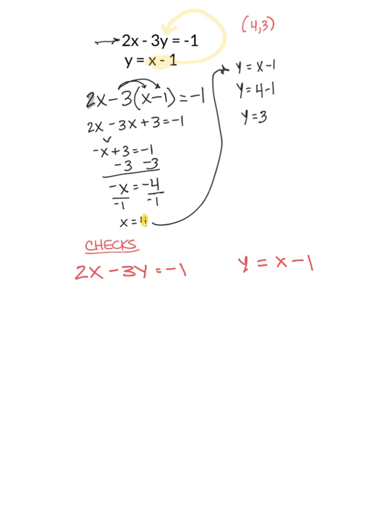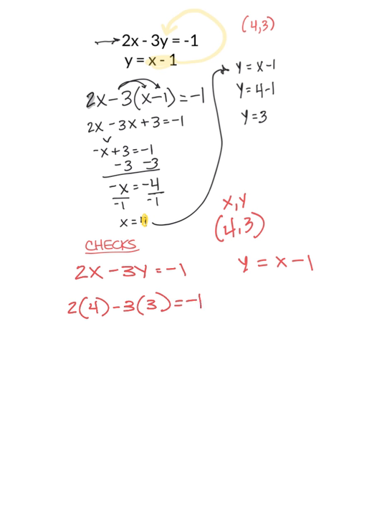So we get to do substitution again. We think that the solution is (4, 3), so this is what I'm going to substitute for x and y. In the first equation, instead of 2 times x, we're going to write 2 times 4, minus 3 times y, but instead of y, we have 3, equals negative 1.